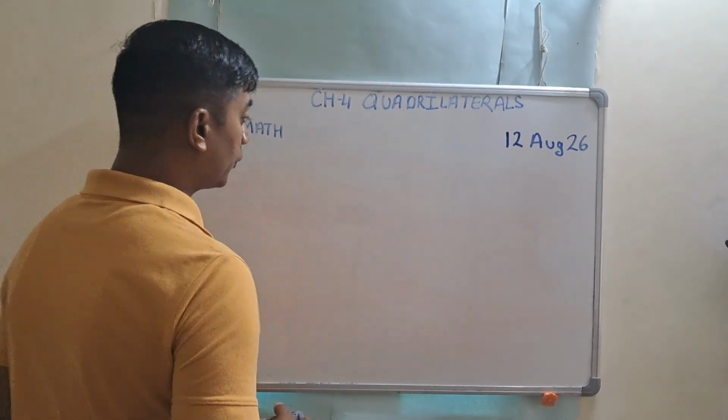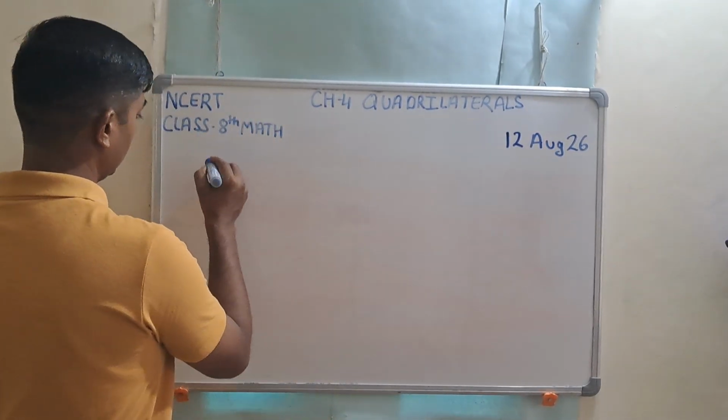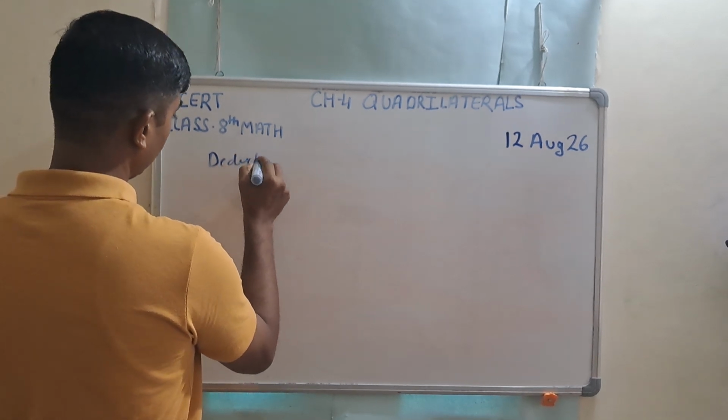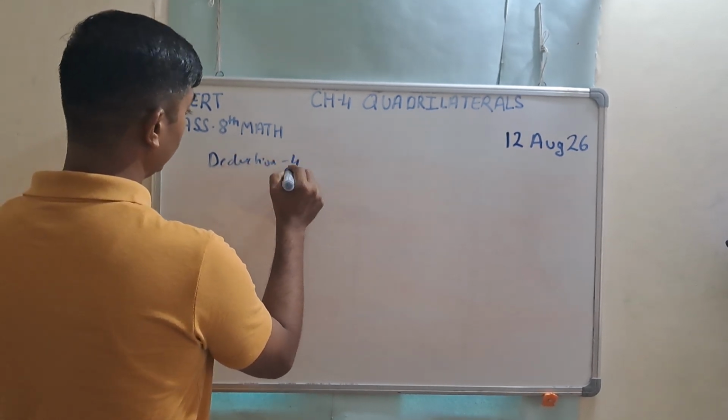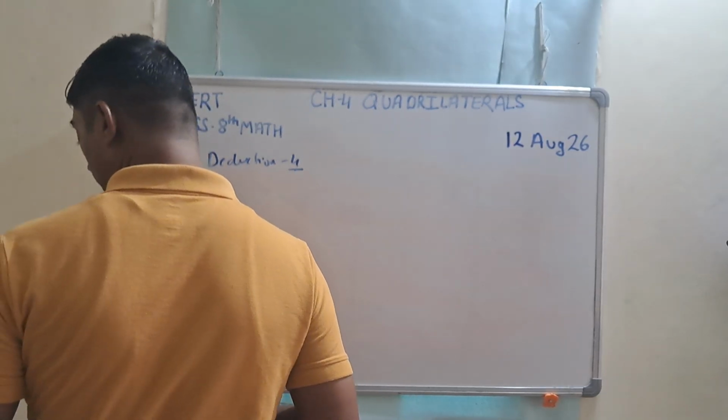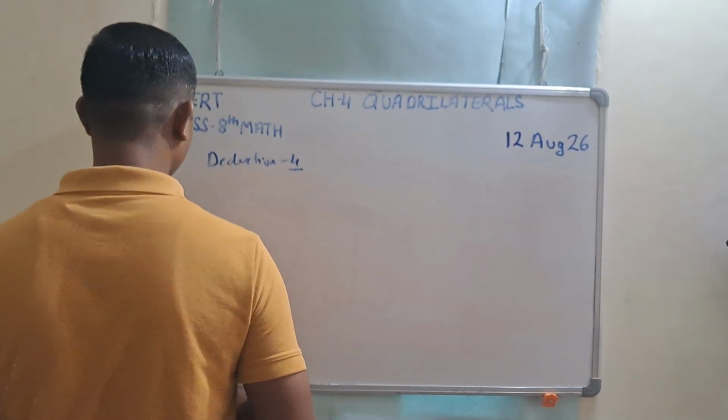See, that was our fourth deduction. What was our fourth deduction? What is the shape of the quadrilateral when all the angles are equal to 90 degrees?